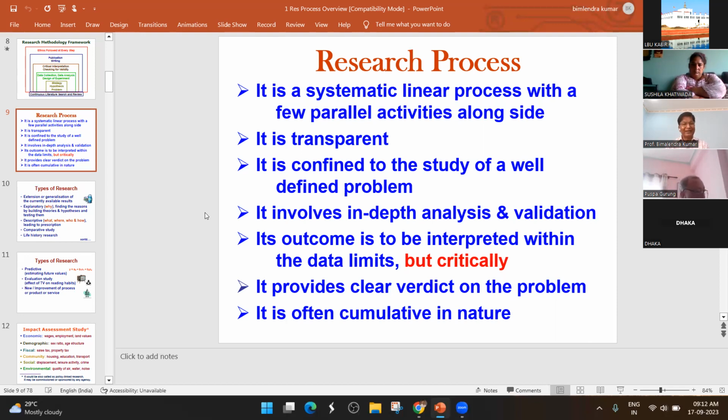It is confined to the study of well-defined problems. We have discussed that for the arising of research problems, you must go through the literature related to your topic, whether it is available in the Pali literature, Sanskrit Buddhist literature, or Tibetan Buddhist literature.